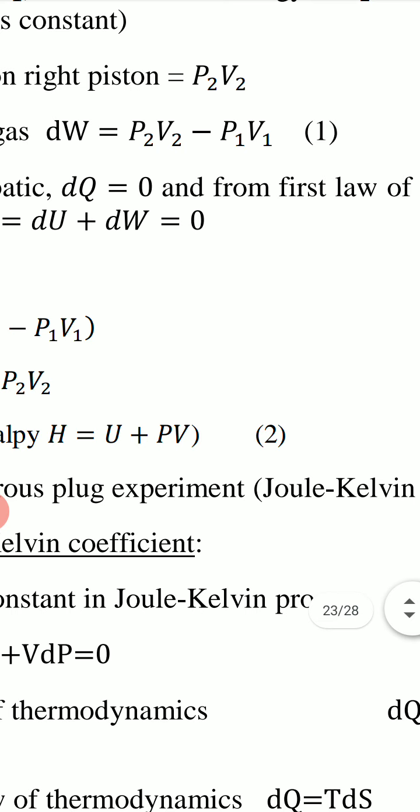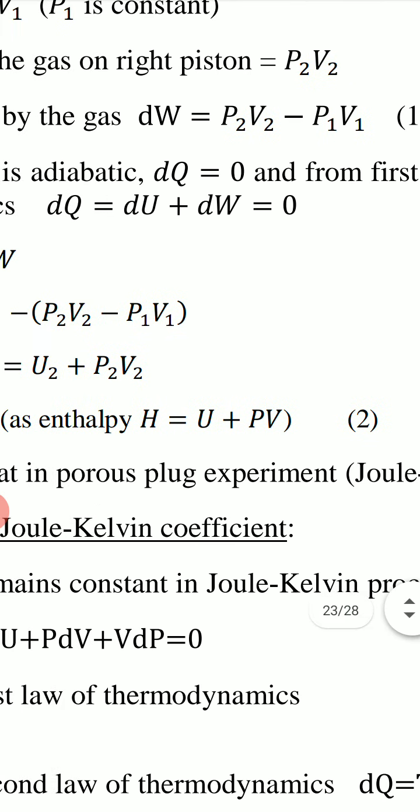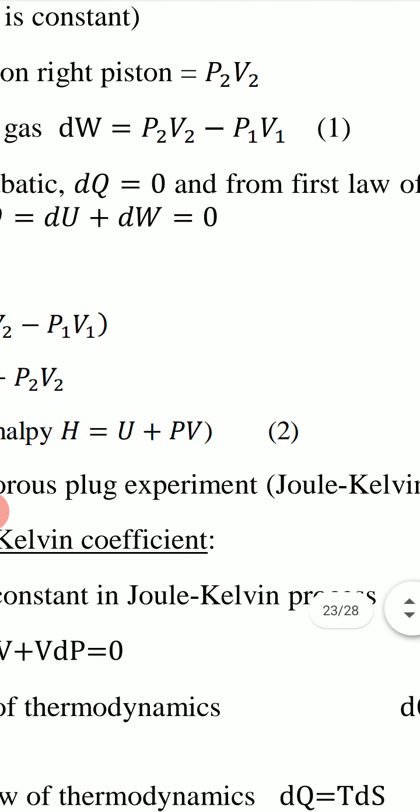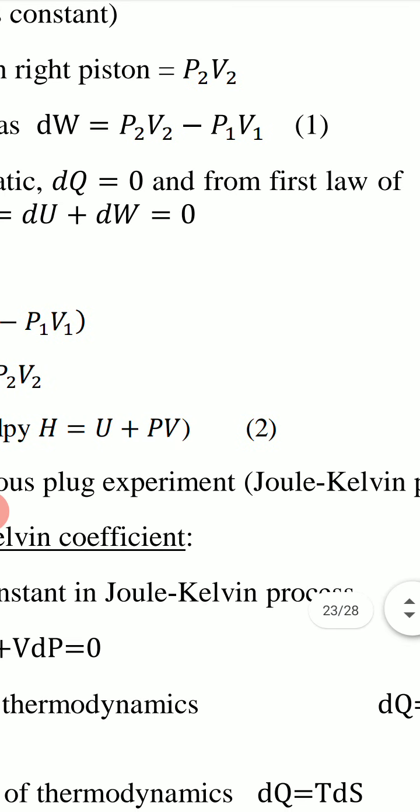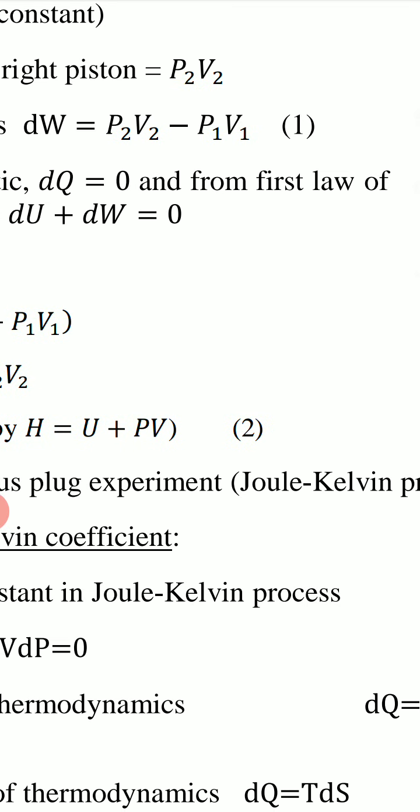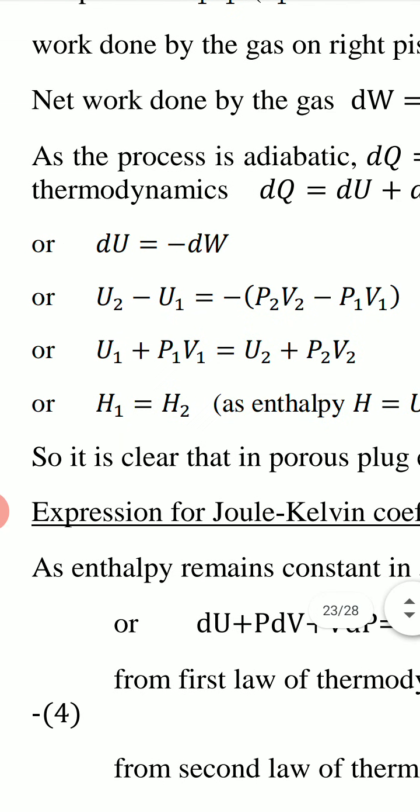P2 V2 is work done by the gas and P1 V1 was the work done on the gas, so we write it as minus P1 V1. So, net work done by the gas, dW equal to P2 V2 minus P1 V1, equation 1.